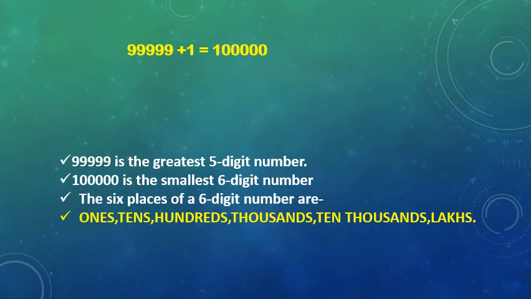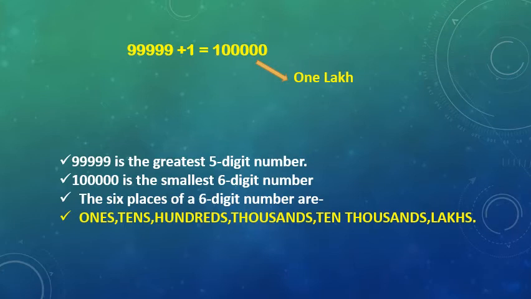Now tell me how you will read this number. Yes, 1 0 0 0 0 0. Then you can read it as 1 lakh. We read this number as 1 lakh. This is the smallest 6-digit number.